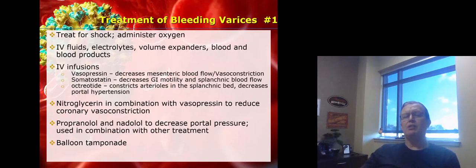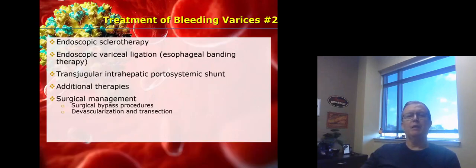Tamponade has to be done cautiously because balloon tamponade requires pressure on the esophageal tissue, and that tissue is already friable and fragile. So that could actually compound the problem. So that's done by a provider at the provider's discretion.